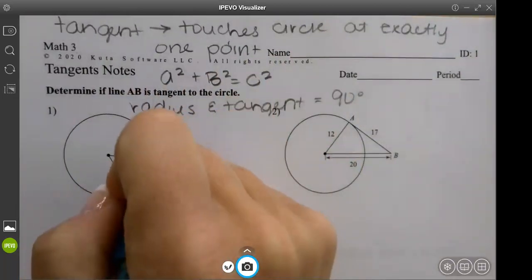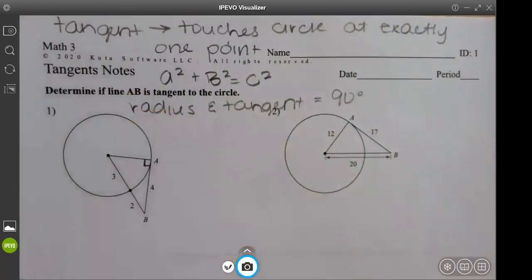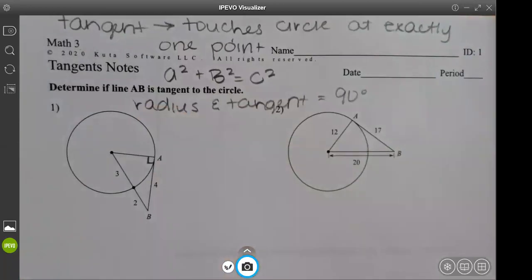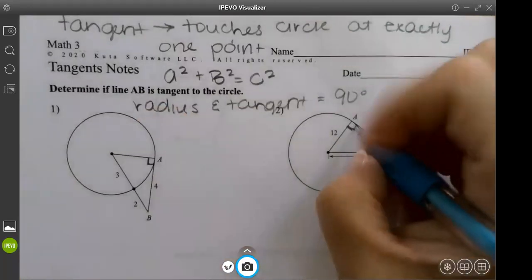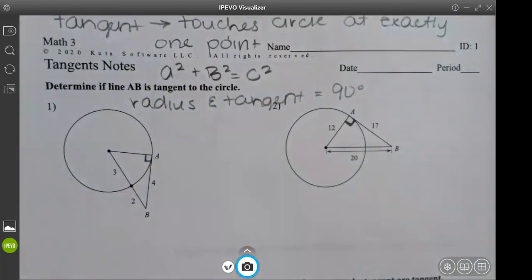So right here, a radius and a tangent line makes that 90 degrees. On number 2, the radius and the tangent makes the 90 degrees. And I'm actually going to start with number 2 because number 1 is one extra step. So we're going to look at this one.